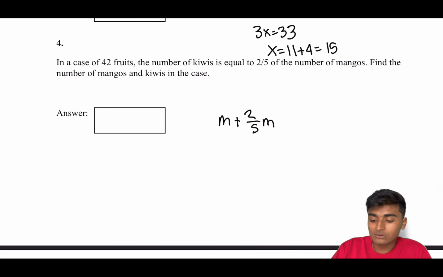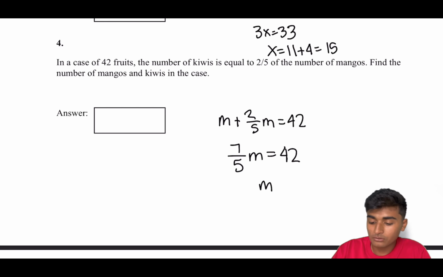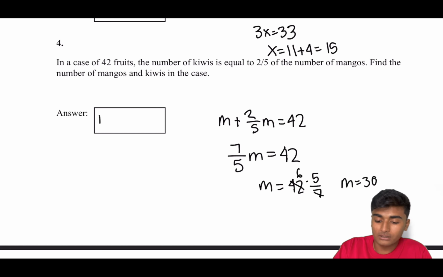We can set this equal to the total number of fruits in the case, which is 42, and then we can just solve the equation again. m plus 2/5 m is the same as 5/5 plus 2/5, which is 7/5 m, which is equal to 42. Then we can divide both sides, giving us m is equal to 42 times 5/7, which simplifies to m equals 30. So we found that the mangoes are equal to 30.